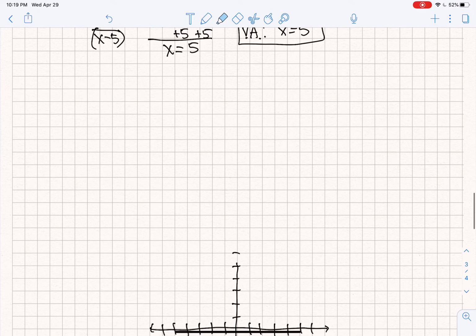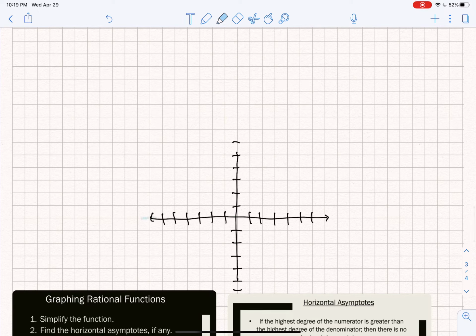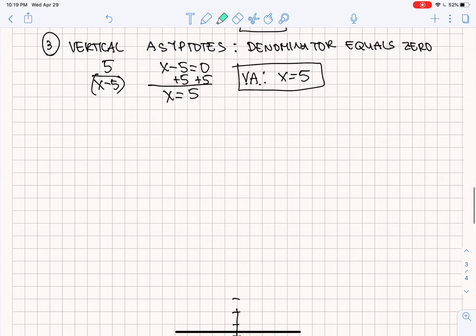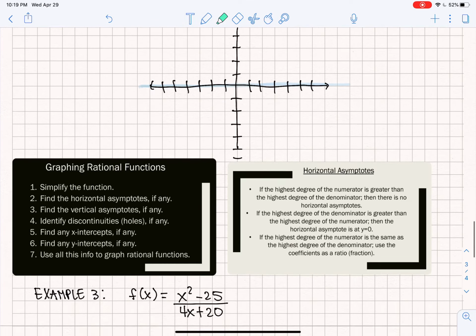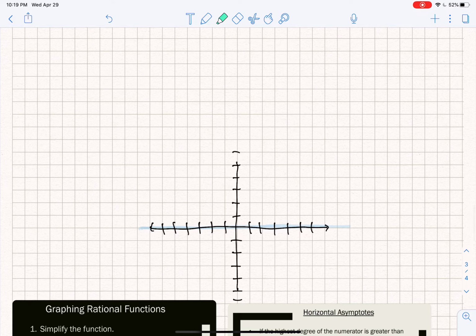At y equals 0. It's horizontal, so y equals 0 is here. That's our horizontal asymptote. And where is our vertical asymptote? Our vertical is at x equals 5. So 1, 2, 3, 4, 5, right here, vertical. So far, so good. Vertical asymptote, horizontal asymptote, done.